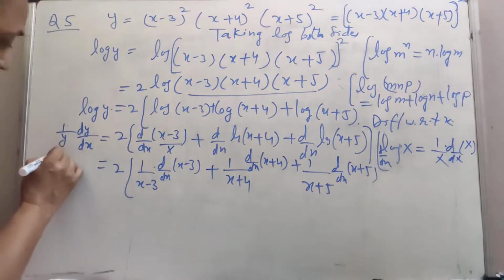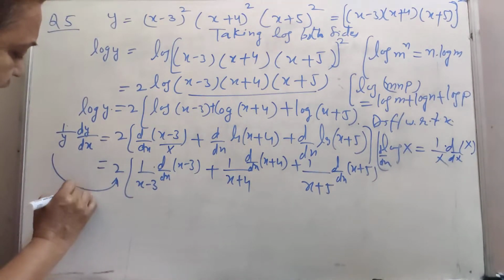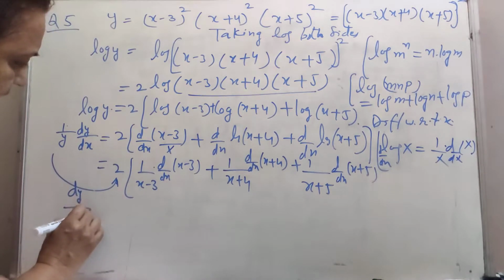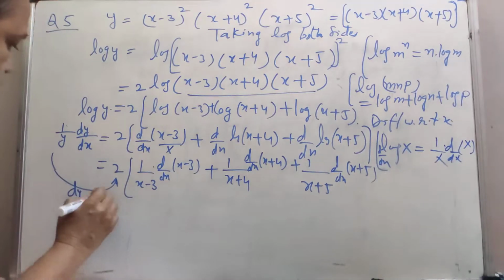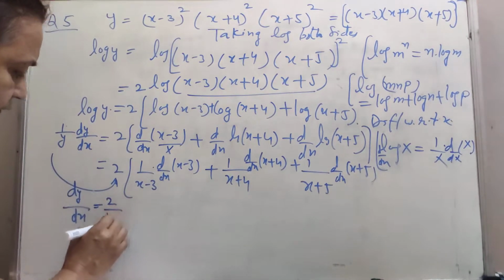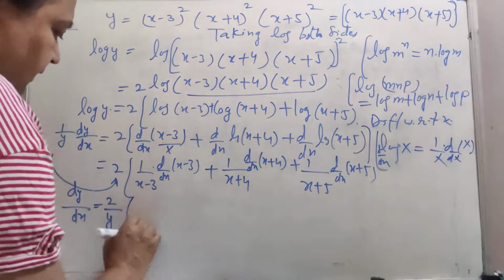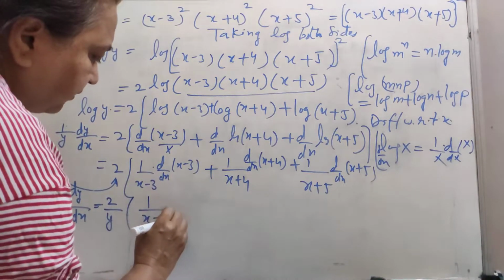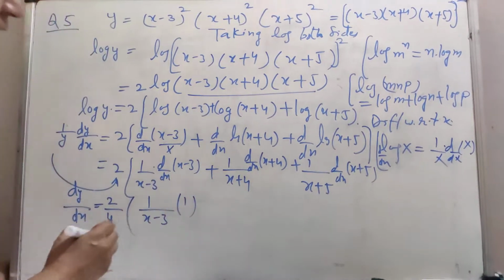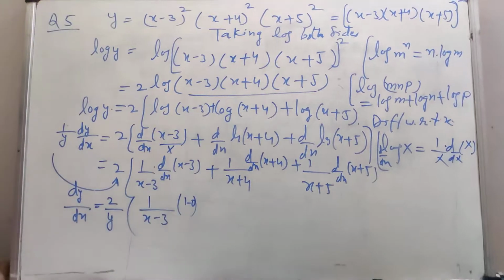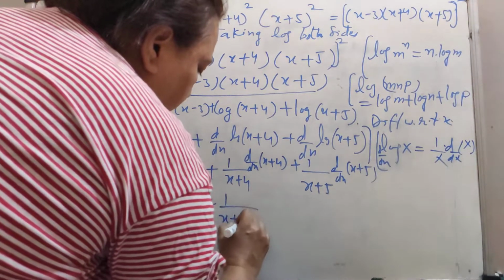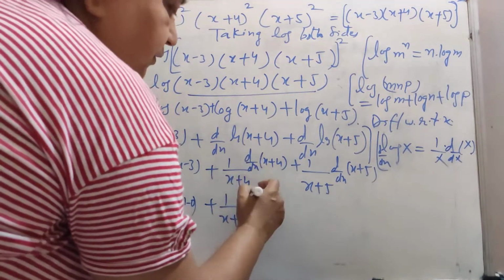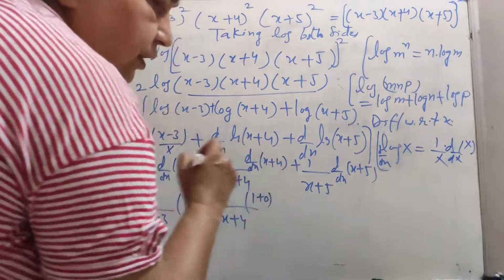So take y this side, so it will become dy dx. I will do two steps together. So this will come 2 upon y and inside 1 over x minus 3. What is the derivative of this? This is 1 minus 0, right? So it means 1. In all the portions x plus 4, the derivative of x is 1 and the constant 4 is 0.